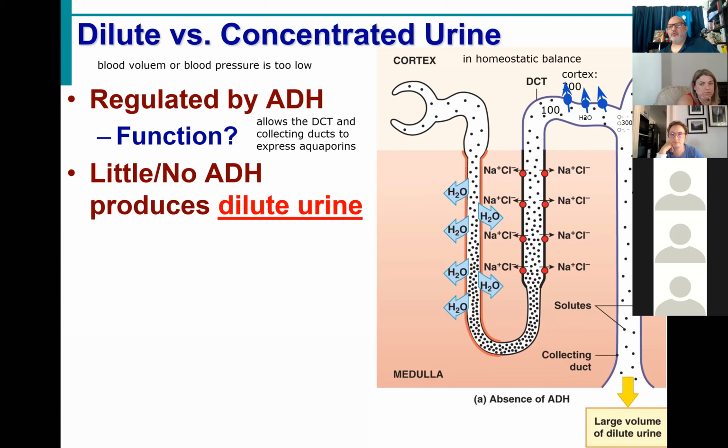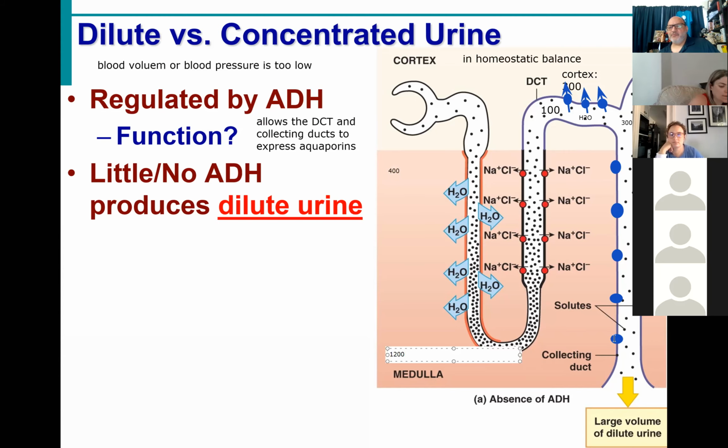But remember also, we talked about how antidiuretic hormone allows those principal cells in the collecting duct to express aquaporins as well. And that collecting duct goes through the medulla, where we have an osmolarity gradient from 400 to 1200 milliosmoles.